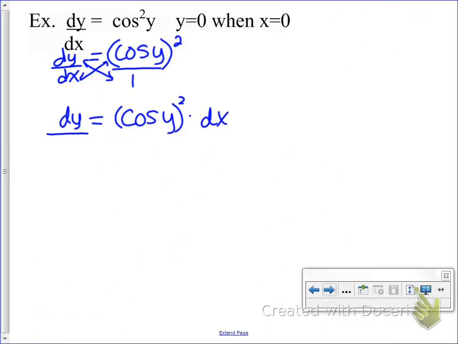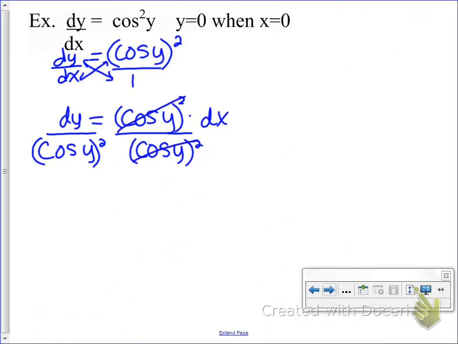I need to bring this over to the other side. Here's what I have so far: dy over cosine squared y, doesn't matter which way you write it, equals dx, or 1 dx. If it bothers you to just have a dx, put a 1 there for the antiderivative.